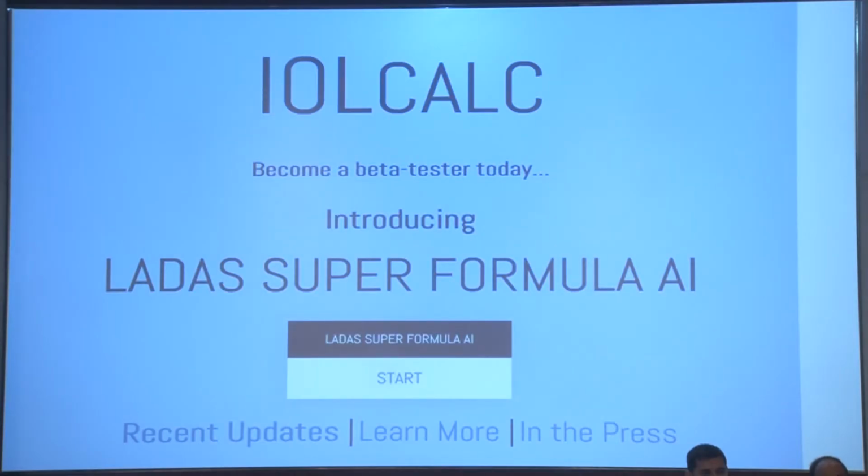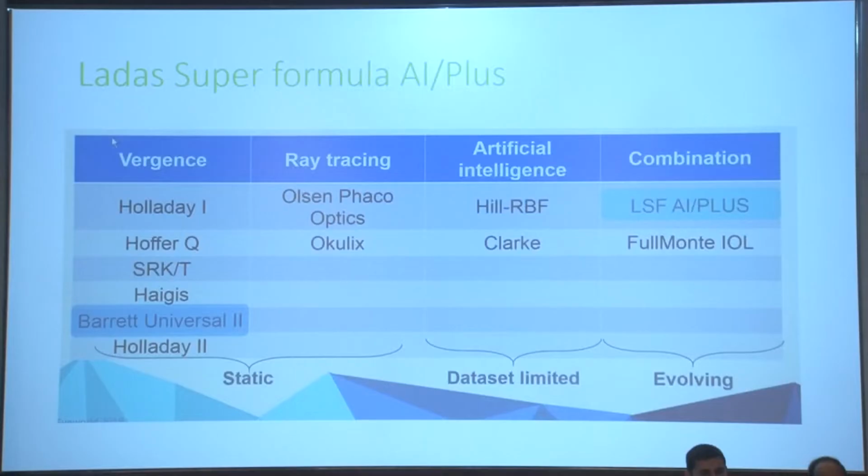Another formula is the LADAS Super Formula. It is also based on artificial intelligence, but the important part is that all these Vergence formulas or ray tracing formulas are fixed-base equations. You put in your patient data, you have an equation, and you get the output. So it is a static formula. Like our AI formulas, such as Hill-RBF and Kane, they are data set limited. Whatever data has been there, the artificial intelligence has encapsulated it.